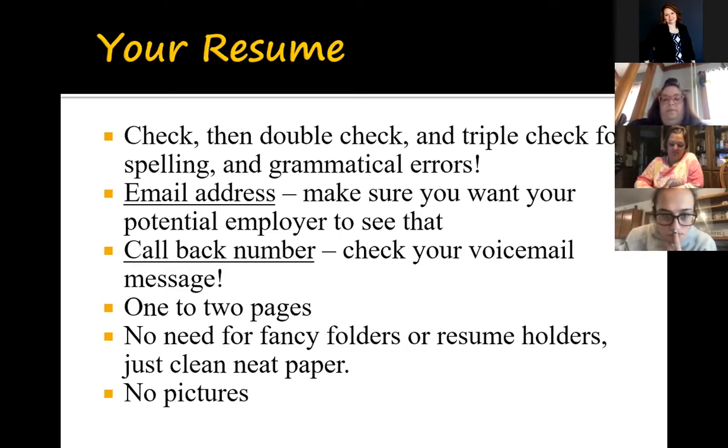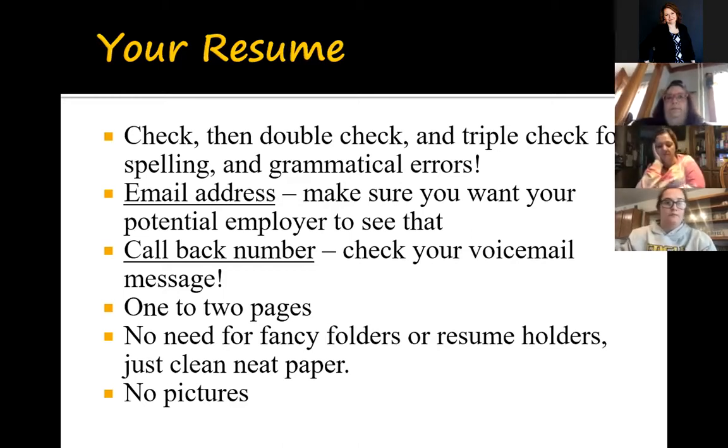Your resume needs to be one to two pages. You don't need anything fancy to hold it in, just clean, neat paper. If you are a smoker, there's nothing wrong with that, just be aware that that smell can carry on the paper. If you spill your coffee on it, please just get another one.